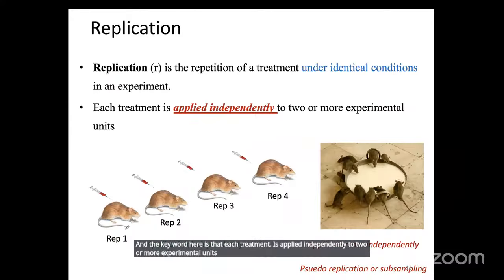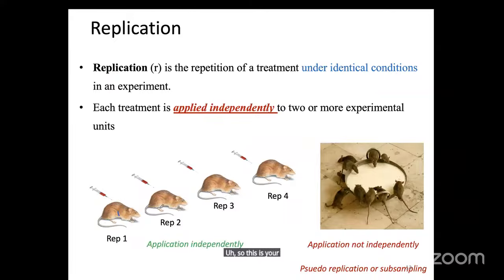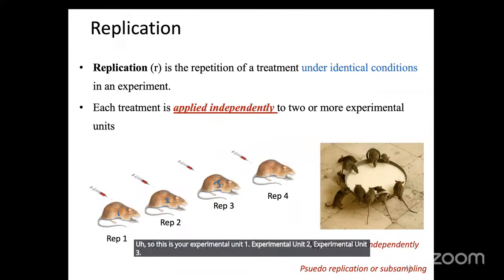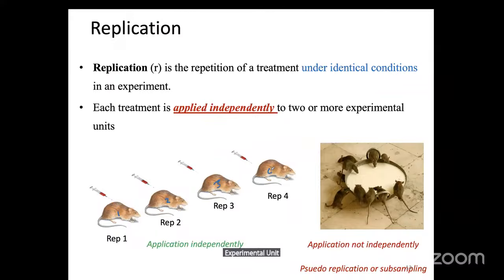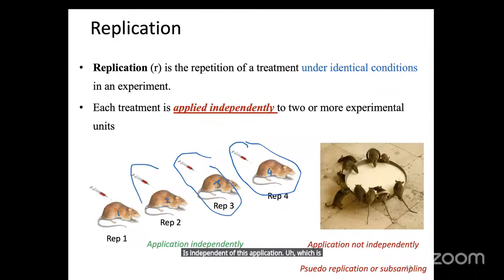So you can see here, this is your experimental unit 1, experimental unit 2, experimental unit 3, experimental unit 4. You can see that the treatment is applied independently. This application is independent of this application, which is independent of this application, which is independent of this application.